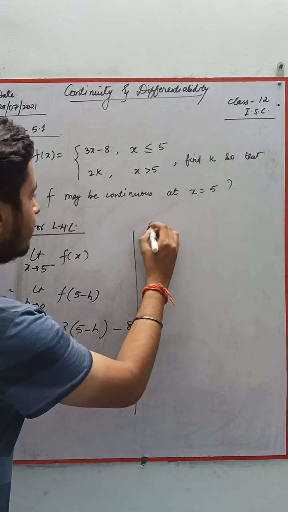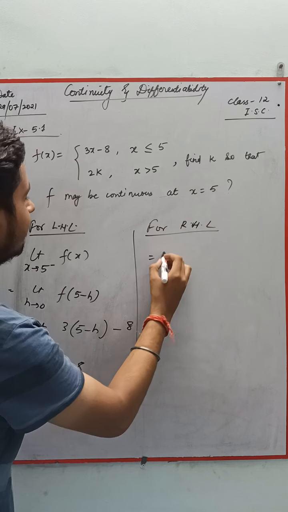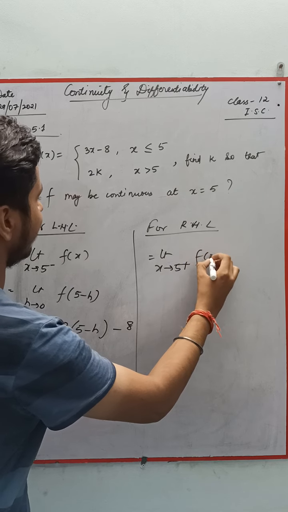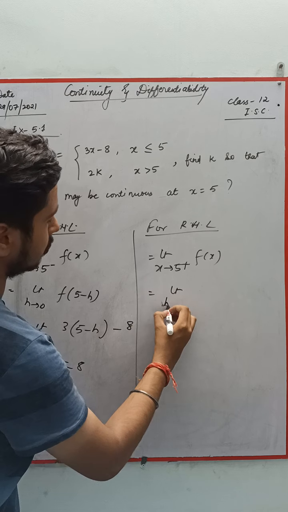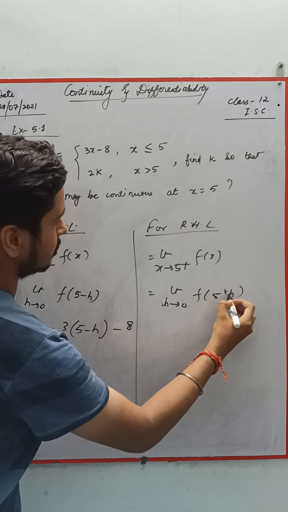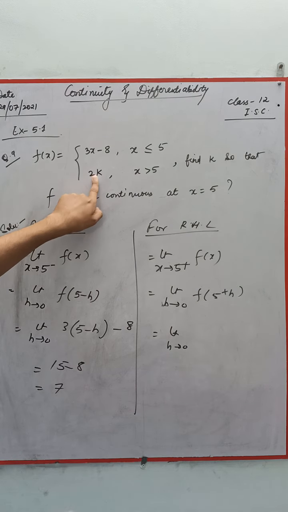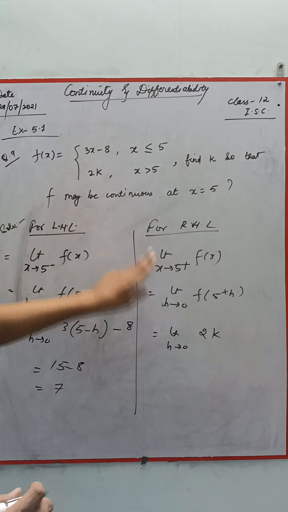Now for RHL, what we have is limit x tends to 5 plus of f(x), which is limit h tends to 0 of f(5 plus h). Now we don't have any x here, we only have 2k.